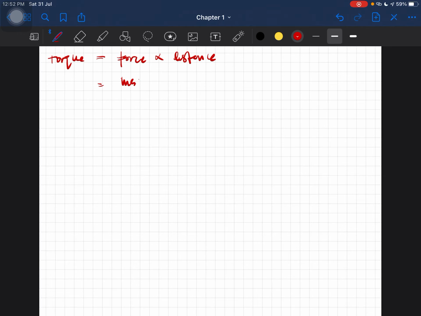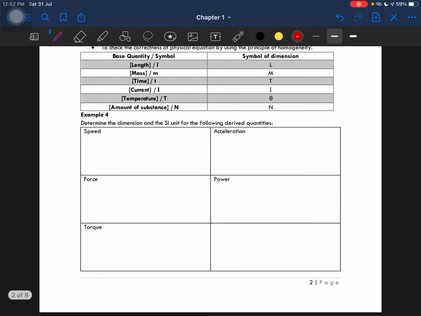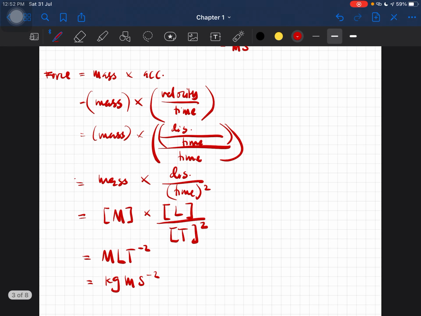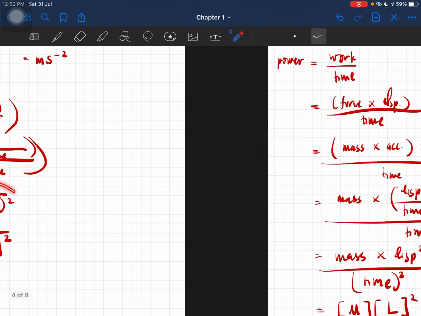It is, after we found it, length over time squared times the distance. Okay, so mass, length, where's the force just now? I'm just going to write this bit down, okay?